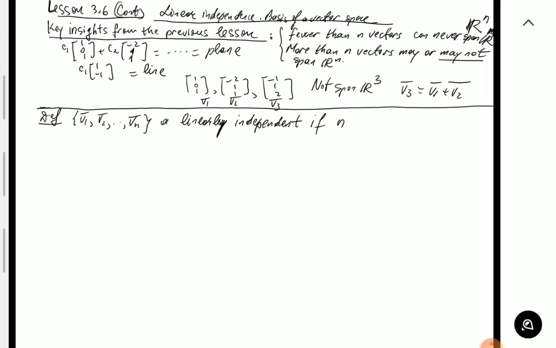So this set is linearly independent if no vector in this set can be written as a linear combination of the others.